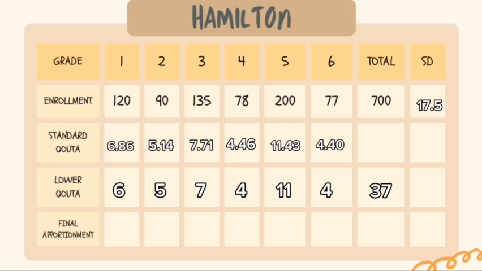So, magiging 7, 5, 8, 5, 11 at saka 4. Magiging equal 40 yan na total ng 40 teachers na i-distribute sa 1 to 6 grade level. Yan na yung final apportionment sa Hamilton's method.